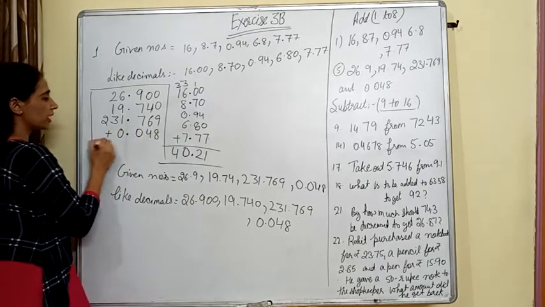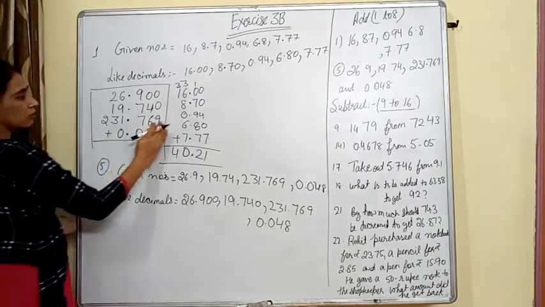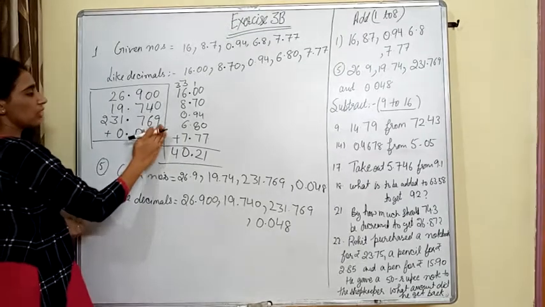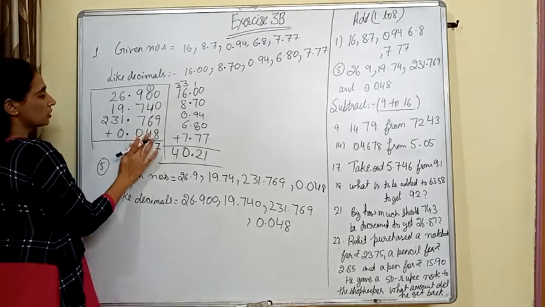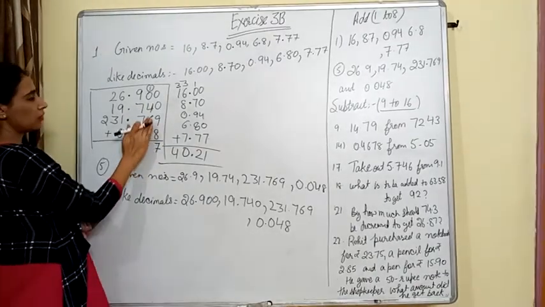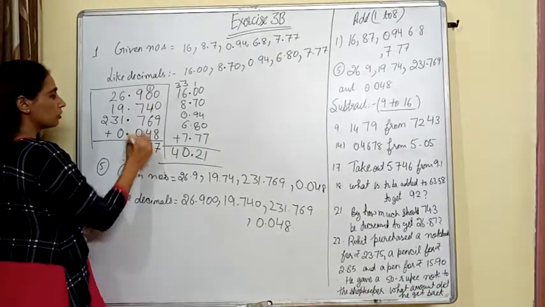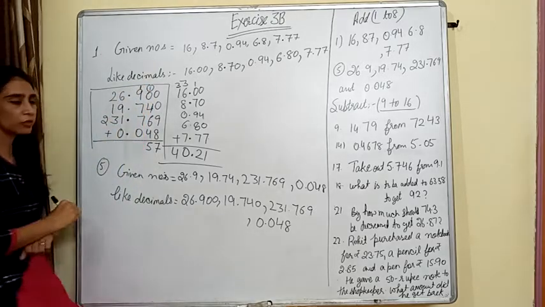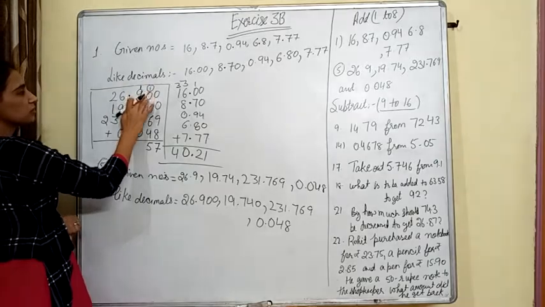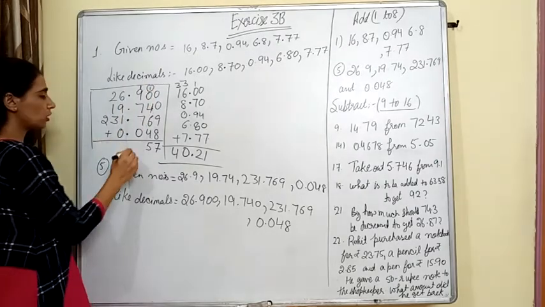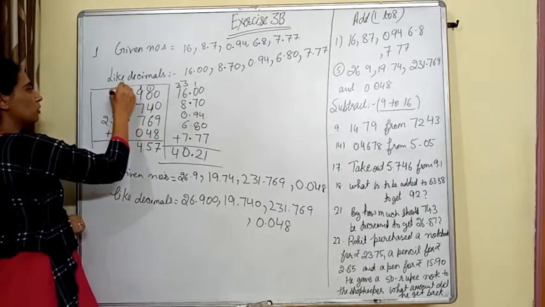We have to add this. Okay. Here will be 9 and 8. This will be 17. 1 will be carried. 6, 4, 10, 14, 1, 15. 1 will be carried. Now 7, 7, 14, and this 10, so it will be 24. And 2 will be carried.